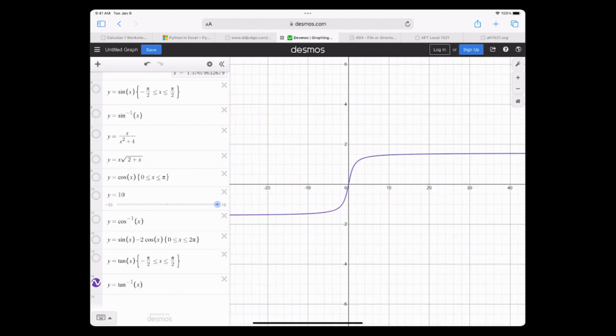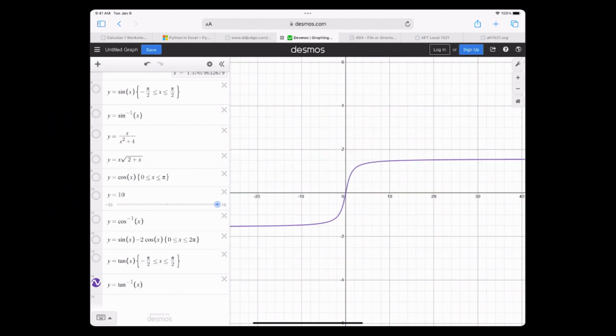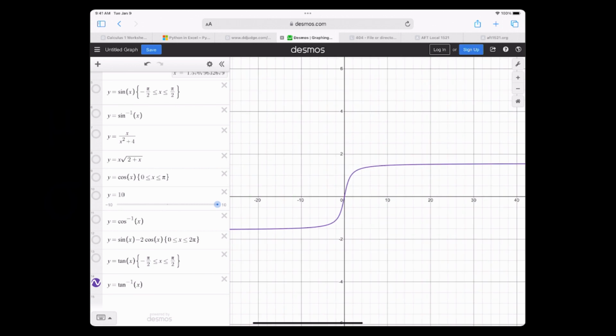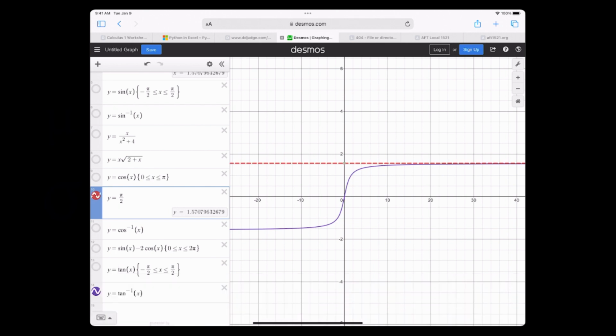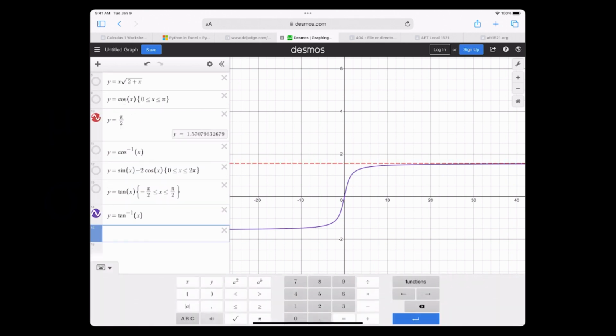Anyway, I'm going to get rid of this tangent. And now you're going to have y being pi divided by 2, and another y being negative.